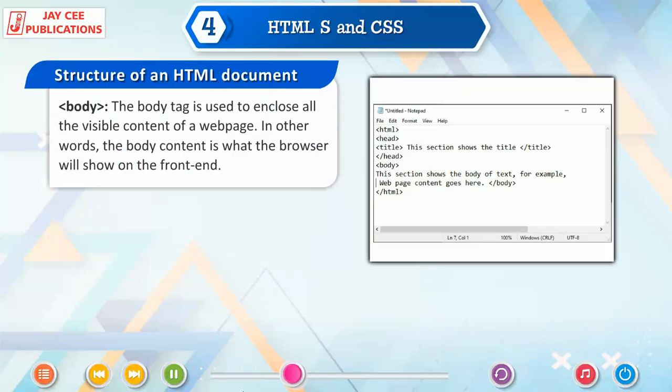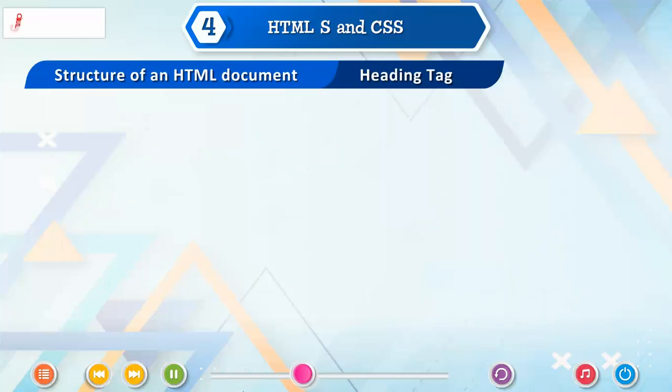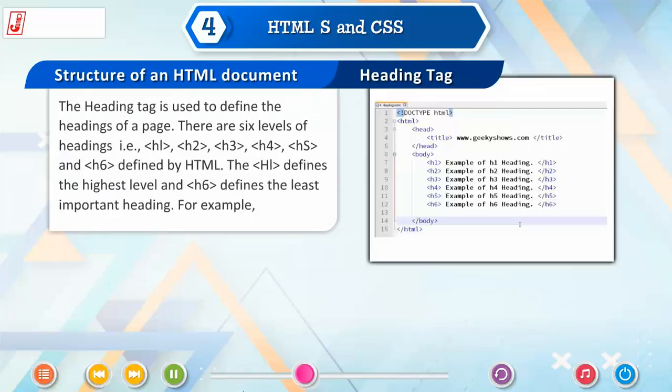<body>. The body tag is used to enclose all the visible content of a web page. In other words, the body content is what the browser will show on the front end. Heading tag. The heading tag is used to define the headings of a page. There are 6 levels of headings, that is H1, H2, H3, H4, H5 and H6 defined by HTML.